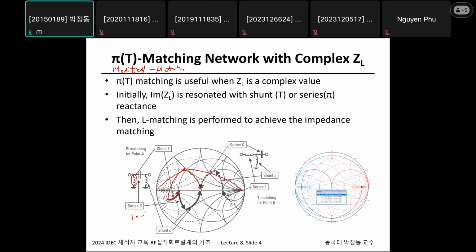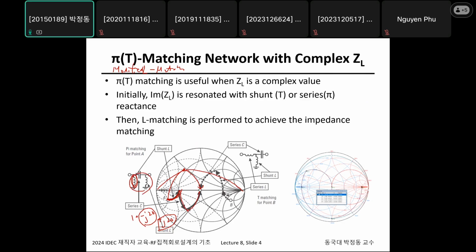For example, here we resonate out this, right? We just use this inductor to resonate out. Then it becomes a pure resistive part. Then you just perform matching network. Now it becomes a pi network. Okay.